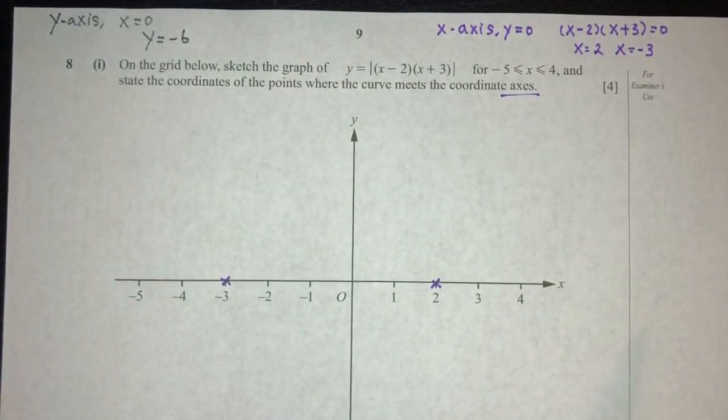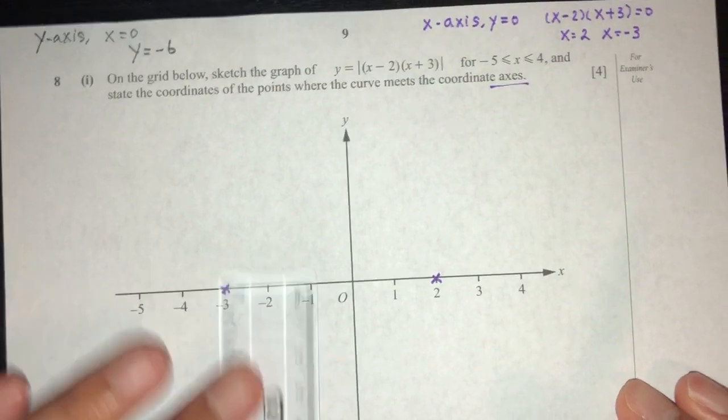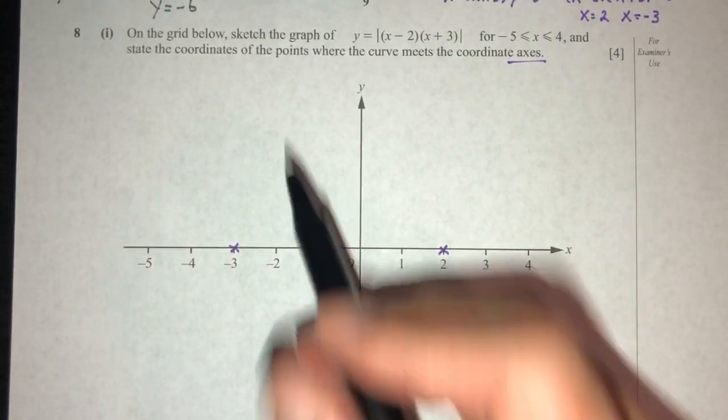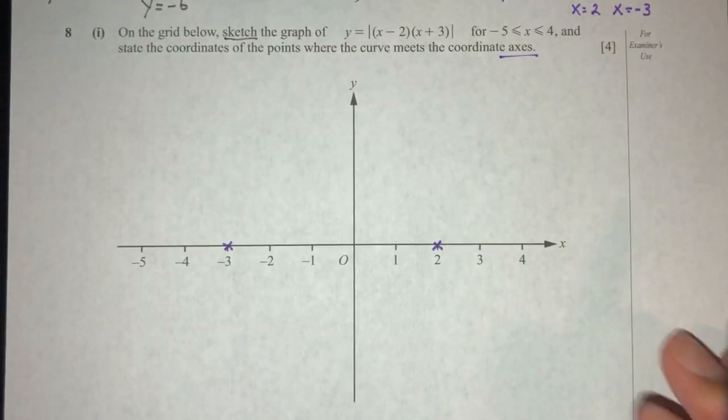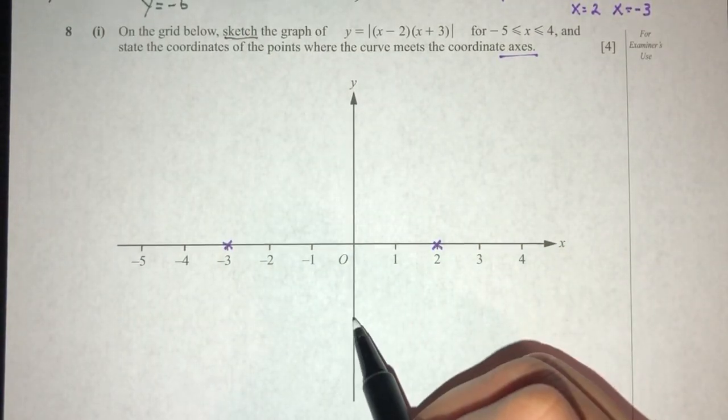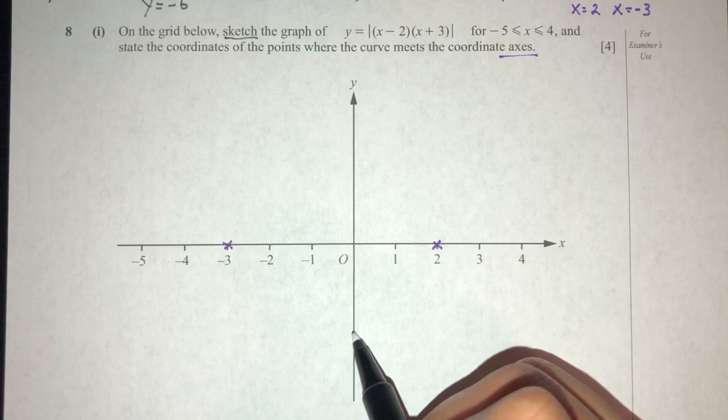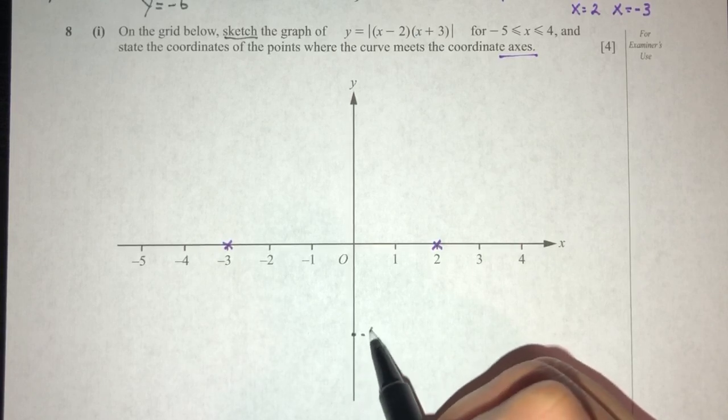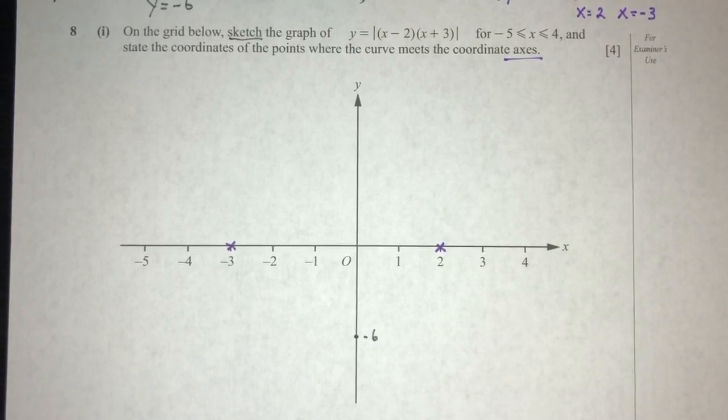That will be without the modulus sign. So let me mark my graph here. We only have to sketch, so it doesn't need to be exact. Let me put minus 6 around here. This is for now, okay?